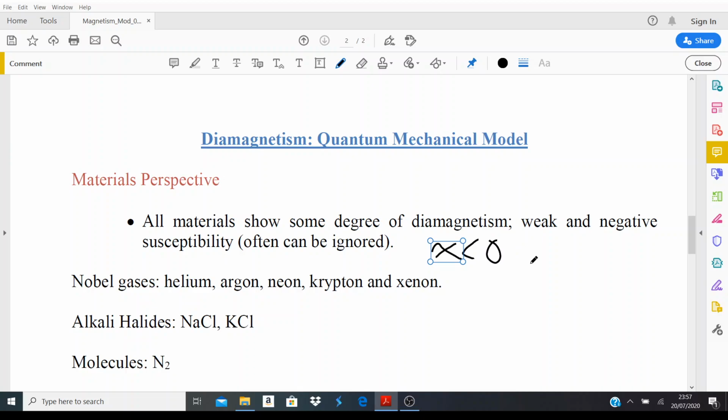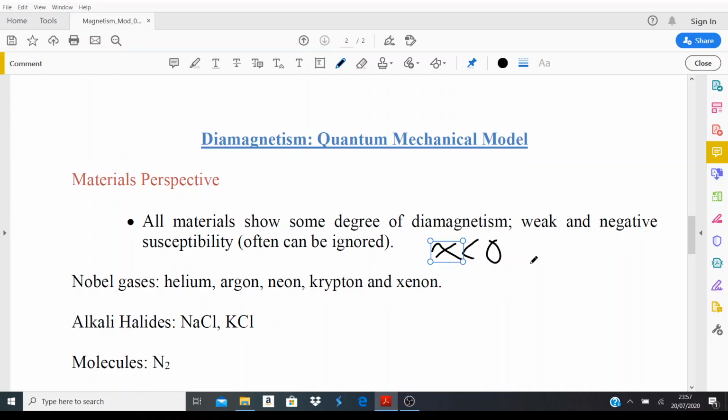And the question is then, if it is too weak, or maybe it's not strong enough to beat the other type of magnetism. Because if you remember, I think maybe a few lectures back, I mentioned that different types of magnetism can coexist in a material. Now the question is, let's say we have diamagnetic effect and also some other paramagnetic effect.